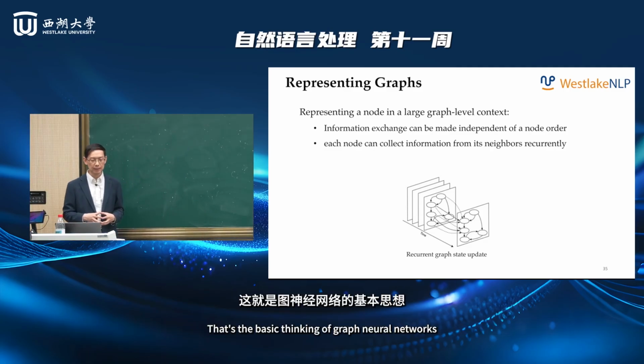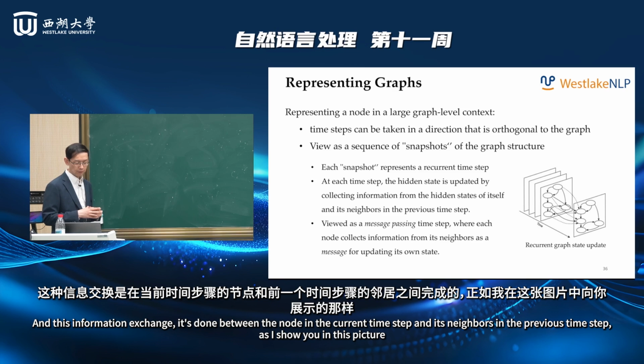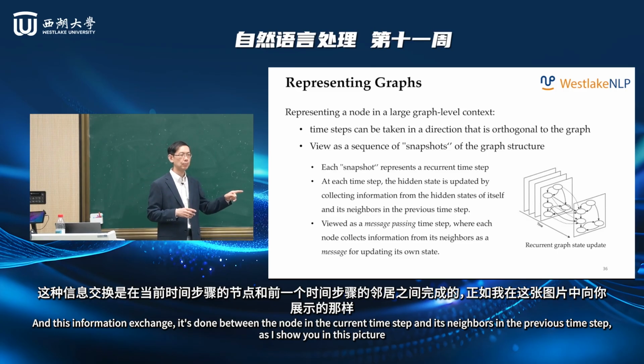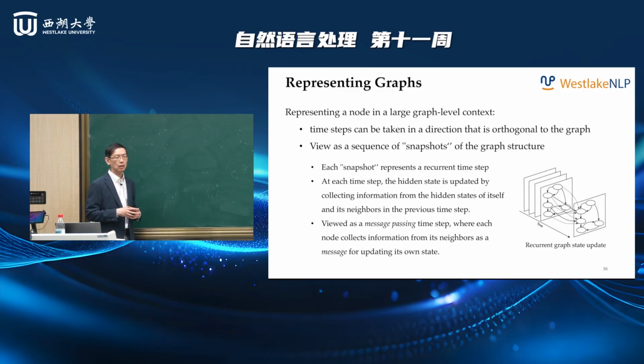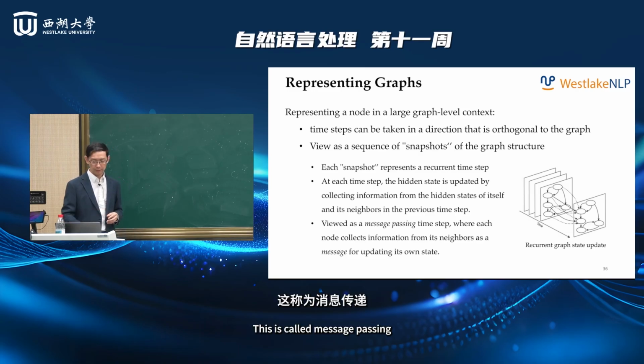That's the basic thinking of graph neural networks. This information exchange is done between the node in the current time step and its neighbors in the previous time step, as I show you in this picture. And every node can do the information collection simultaneously. So this is called message passing.